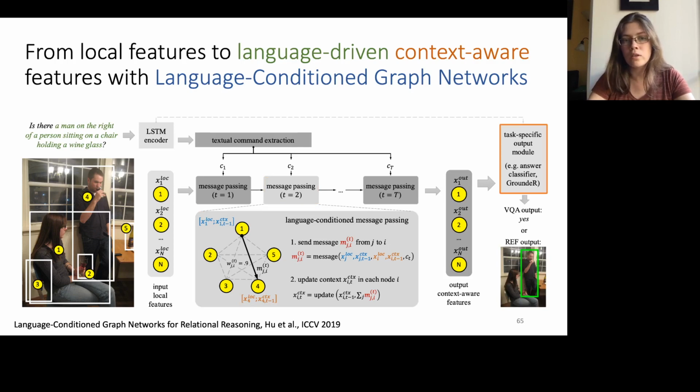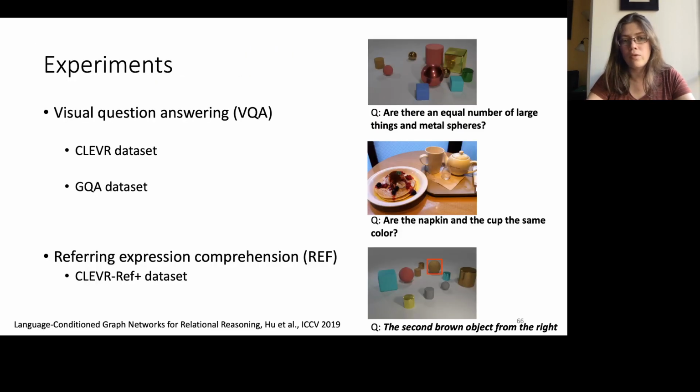In practice, experimentally, we found on 3 different scenarios in VQA and referring expression comprehension, this method to be really effective with very, very simple downstream models. For details, please check out the paper.